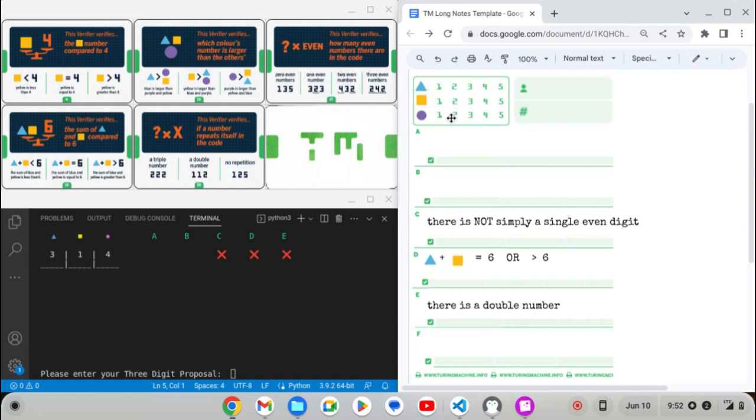It could, actually. So if it's 522 or 544, again, it's the square that'll let us know which one it is. And they both would be sums that are greater than 6, but the square would tell us which of the evens it is.